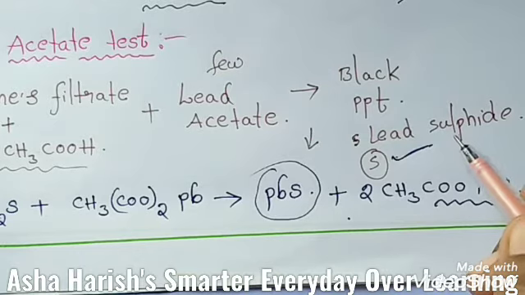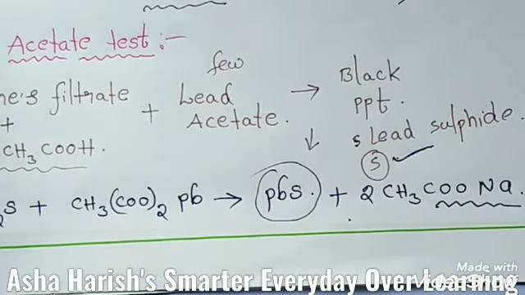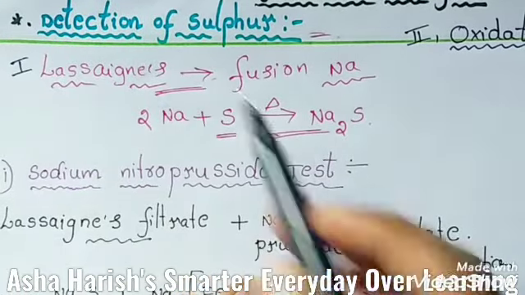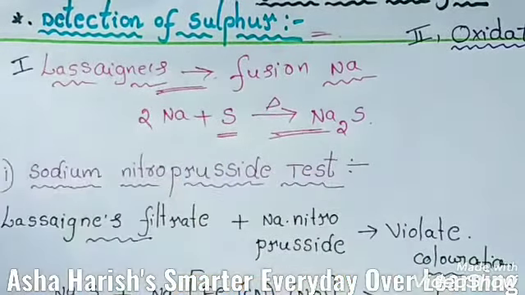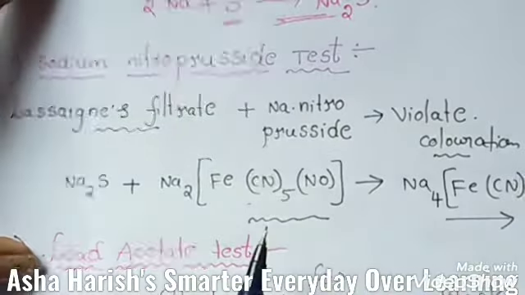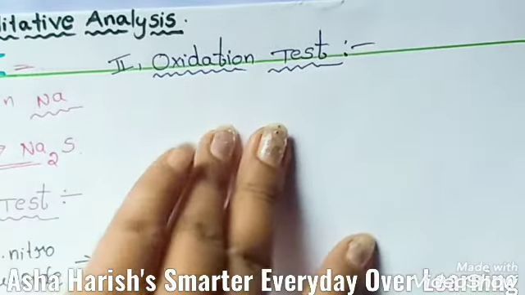Right, now the next test is the oxidation test. The detection of sulfur, we did that. The first one is the Lassaigne test. With this Lassaigne extract we have done the sodium nitroprusside test and the lead acetate test. Okay, these two we have done. And students, now the second type is the oxidation test.